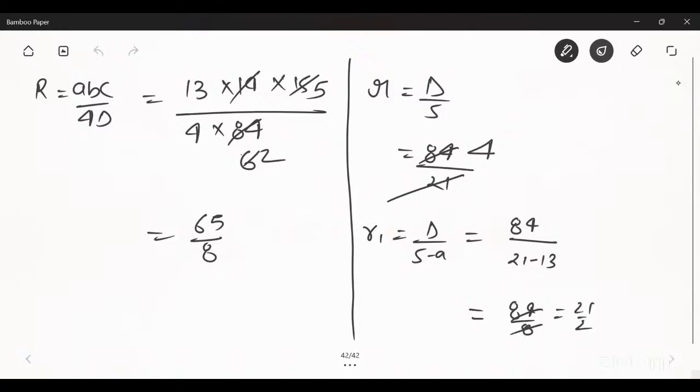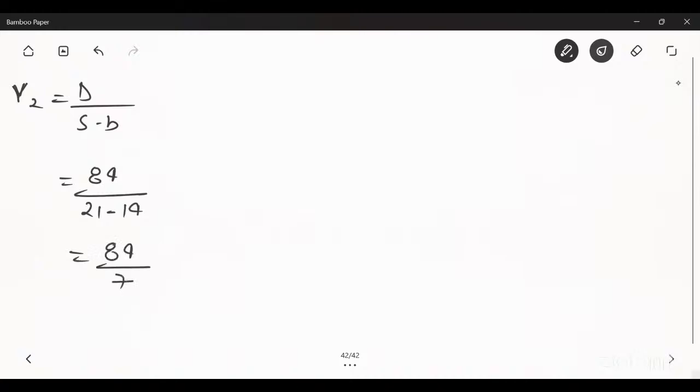Now next is R2. R2 is equal to delta upon S minus B. So the value of delta will be 84, and S minus B will be 21 minus 14, which is 7. So 84 upon 7 is 12.